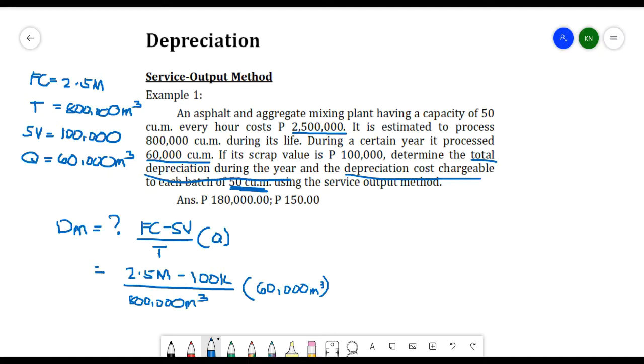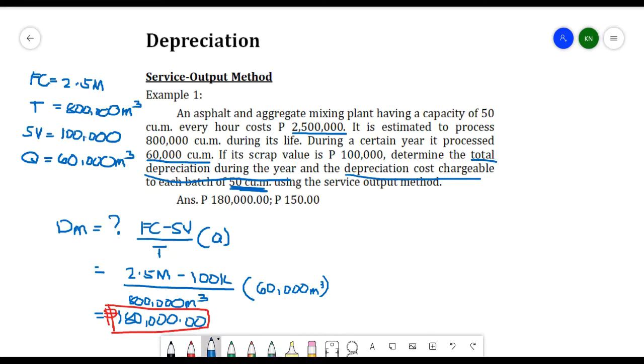If you calculate this, you'll get the result of 180,000 pesos. This is again in pesos.